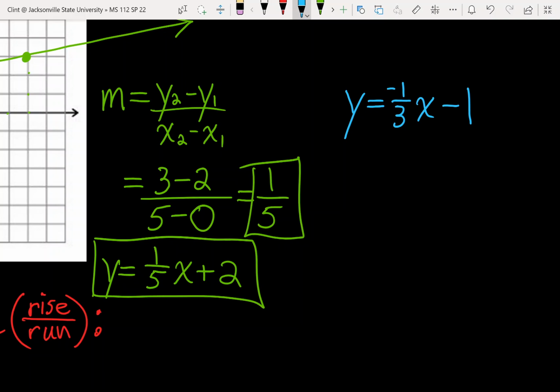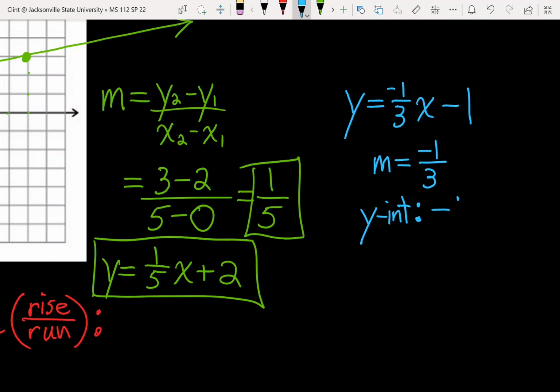There's an equation here. What's our slope going to be? Negative 1 over 3. And then our y-intercept, what's it going to be?